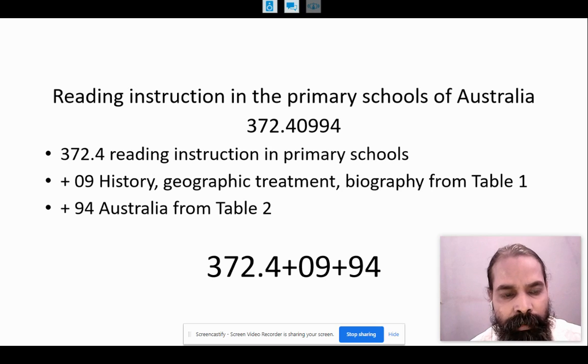And 09, a connecting symbol, represents history, geographic treatment, biography from table 1. And 94 represents Australia from table 2. So now 372.4 plus 09 plus 94 gives the number 372.40994. This represents reading instruction in the primary schools of Australia.